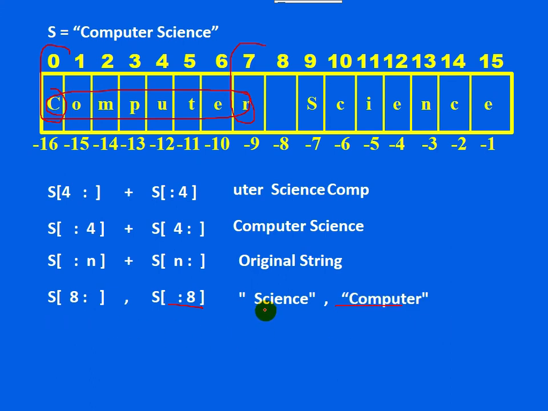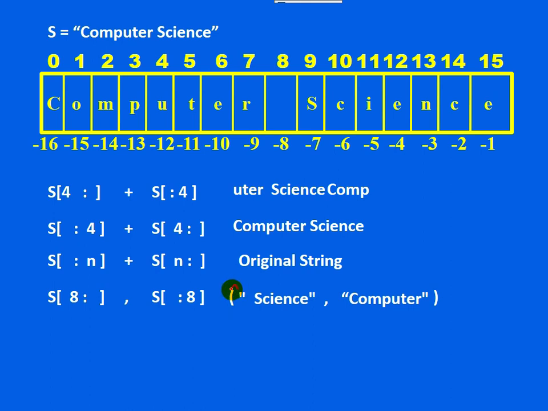So the answer is inside round brackets: you can write this substring 1 comma substring 2. It's a sequence of elements. This is technically known by the name tuple. One full chapter deals with tuple. I will explain what tuple is later. For the time being, please understand it is a sequence of elements, so it should be inside round brackets.